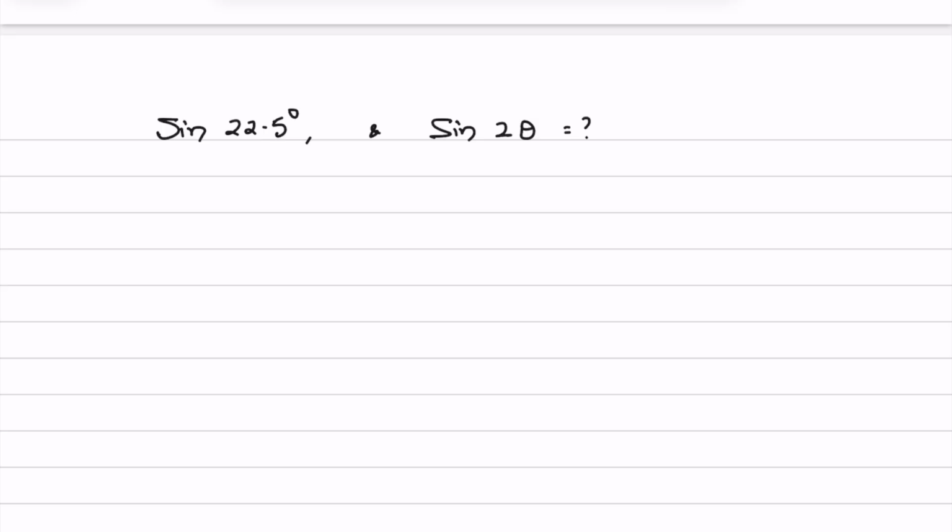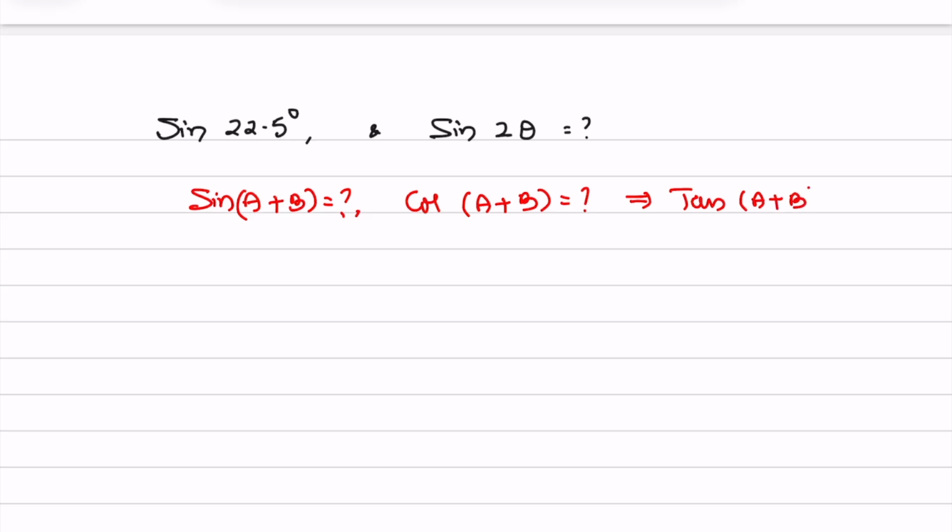Composite angles I have already told you, sin A plus B and cos A plus B, we will find out, and from there tan A plus B. From that we will do sin A plus B is equal to how much? Cos A plus B is equal to how much? And from there tan A plus B is equal to how much? From this we will find out the other values.